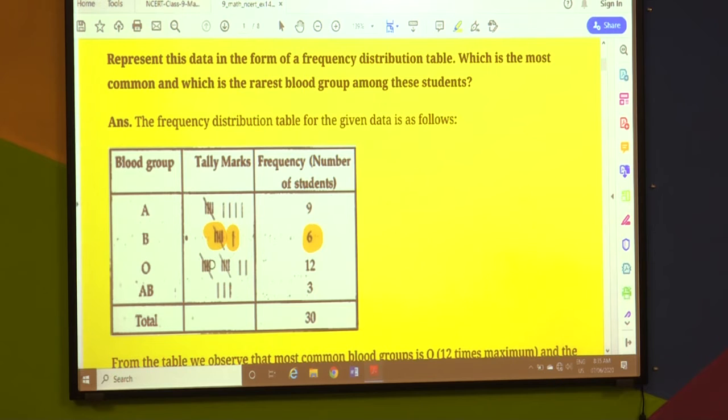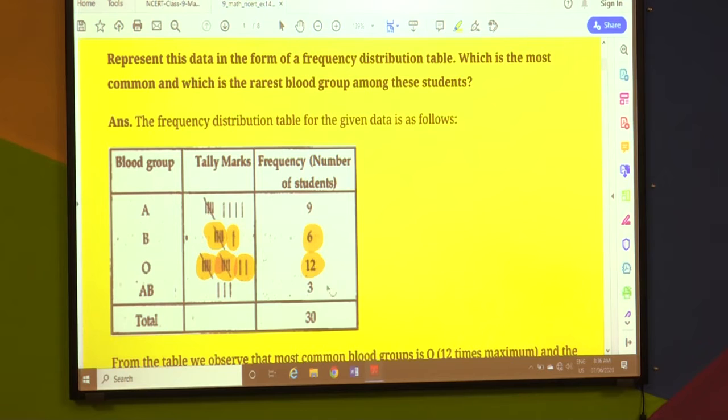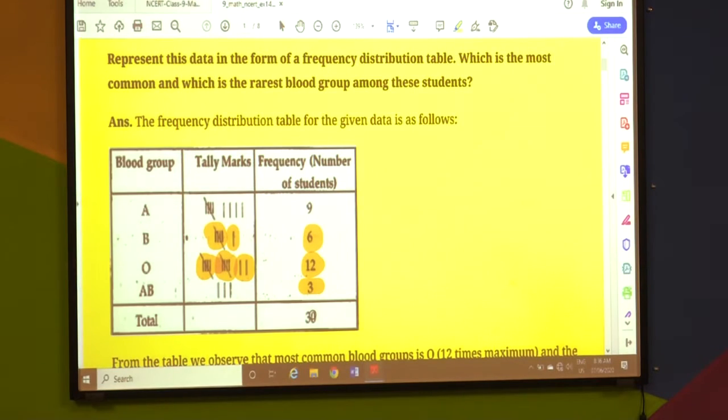O, it is 5, 1 more 5, 2 more, frequency 12. AB only 3, you can see here only 3. Total of the frequency is 30.